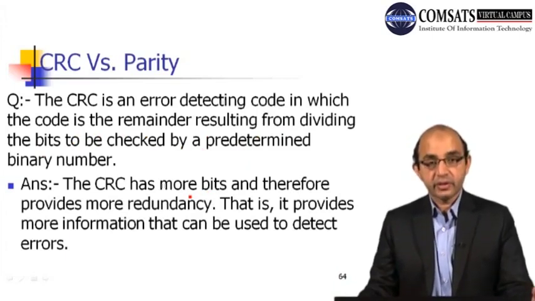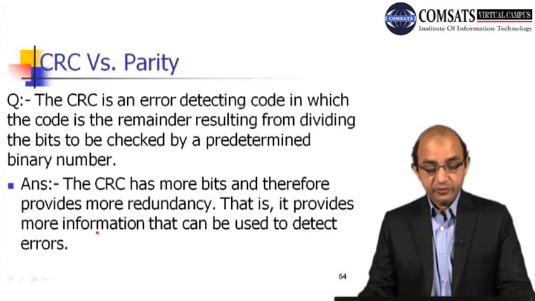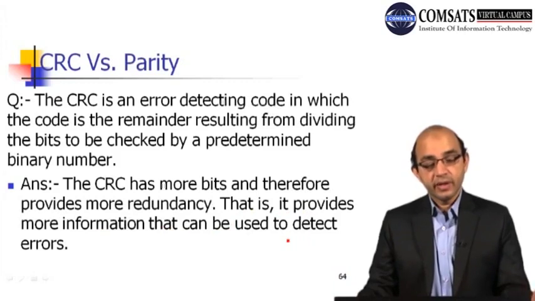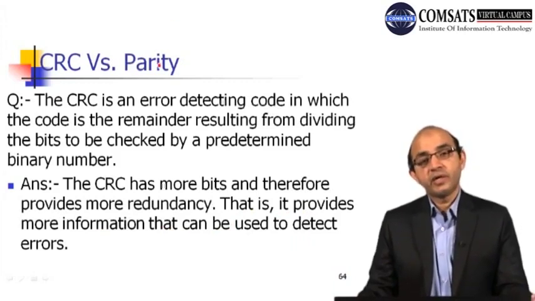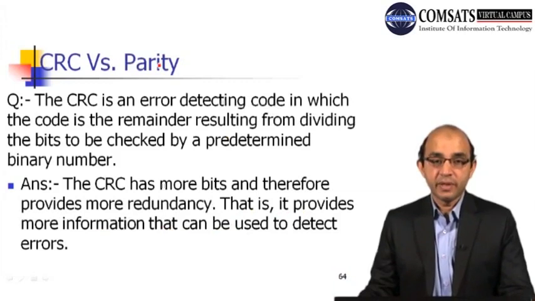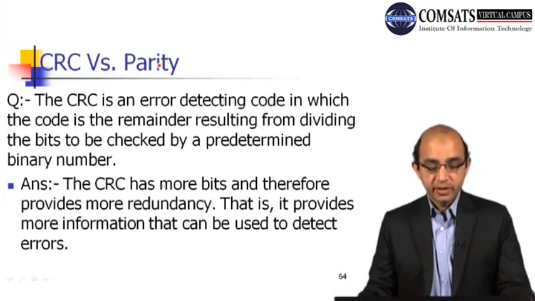So this is the very precise comparison, and therefore CRC provides more redundancy, right? Of course, it provides more information that can be used to detect errors. In the case of parity, we are using only one redundant bit, so it carries very little information to detect errors.